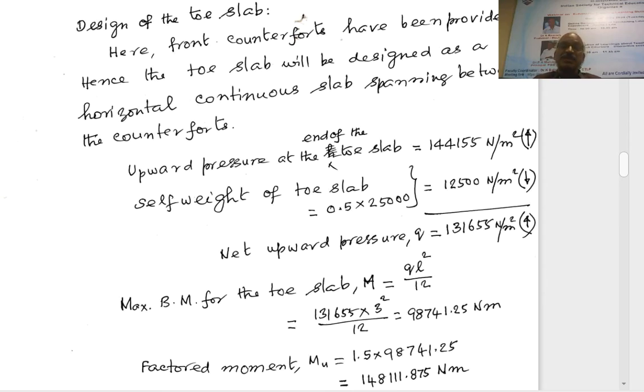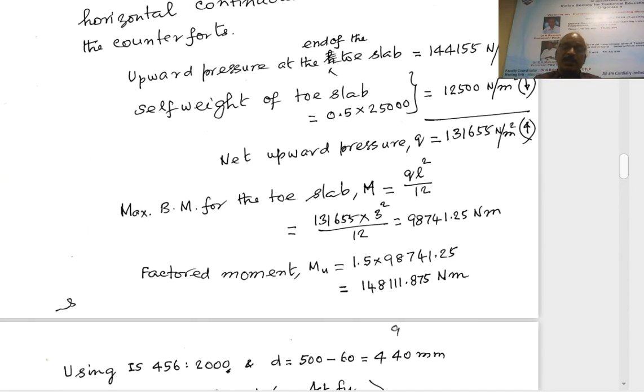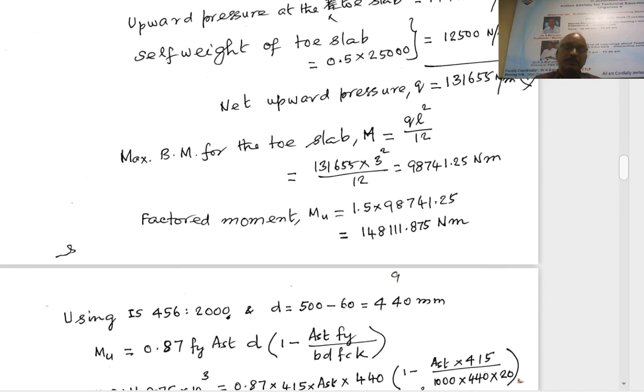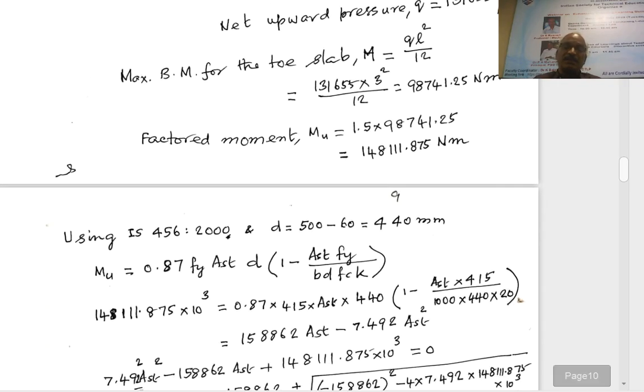Again, center to center spacing of the counterforts is 3 meters. So that is 98,741, and the factored moment equals 1.5 times that value, equal to 148,111.875 Newton meter.